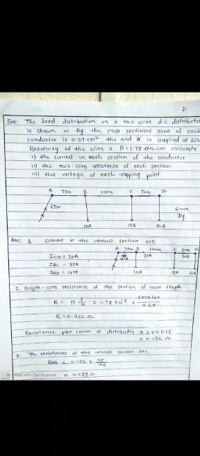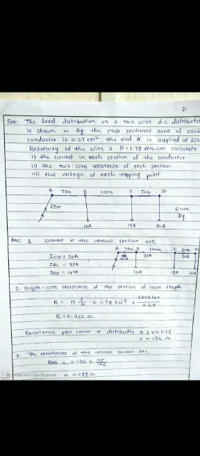The currents at the various points we observe are 12 ampere, 15 ampere and 20 ampere. If we add these tapping currents, that much current should be at feeding point A. That means 12 plus 15 plus 20 becomes 47 ampere.